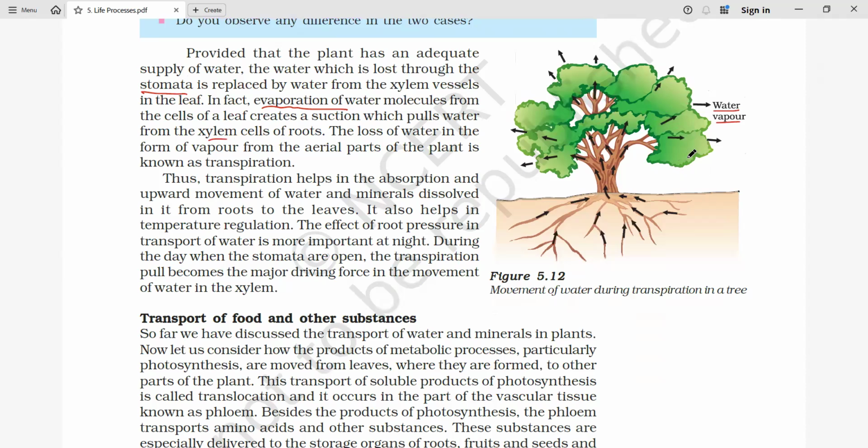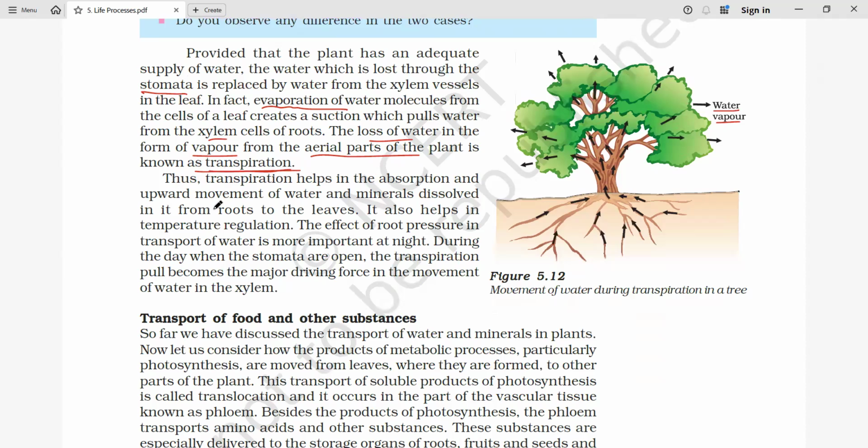So that evaporation depends upon the surface. If you have more surface, loss of water will be more. So this loss of water in the form of vapor from the aerial parts of the plants, aerial parts like a stomata, is known as transpiration. Transpiration. Okay.